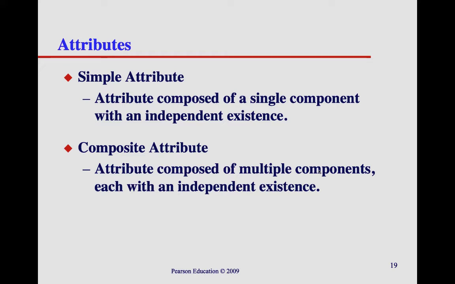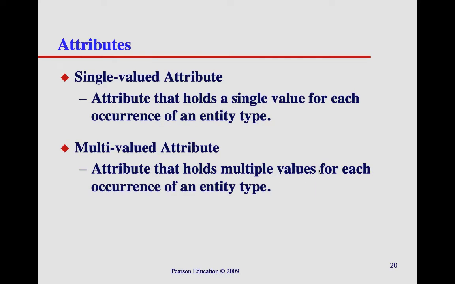Okay, it's about 2 to 1. The answer is it's a composite attribute. And the reason is month, day, year. So a date of birth is 3 simple attributes, a month, a date, and a year. So it's a composite attribute, but a single-valued one.